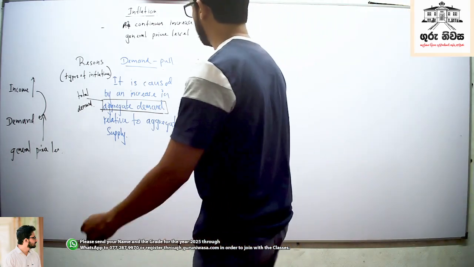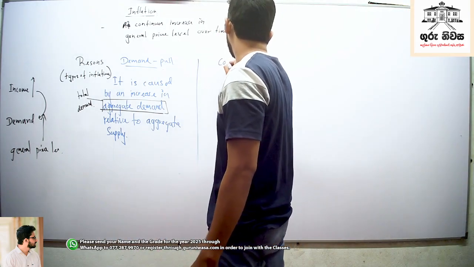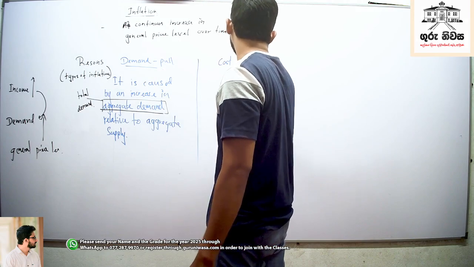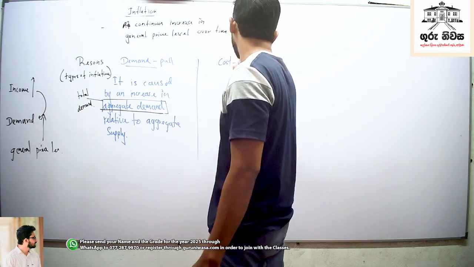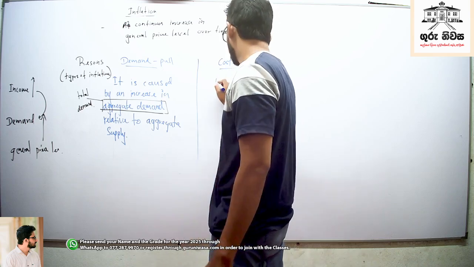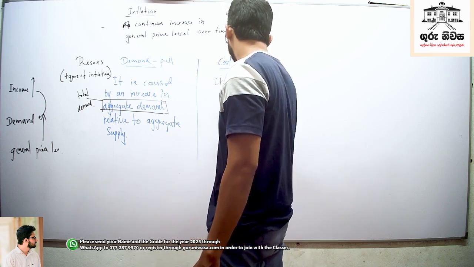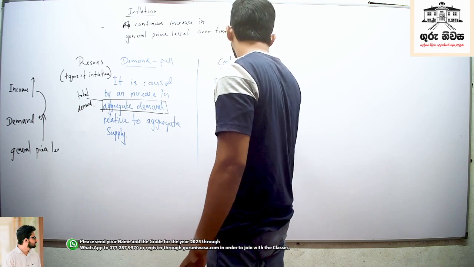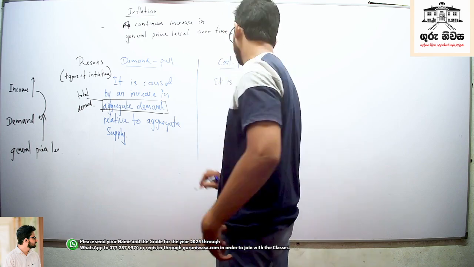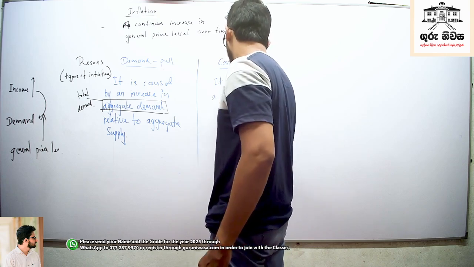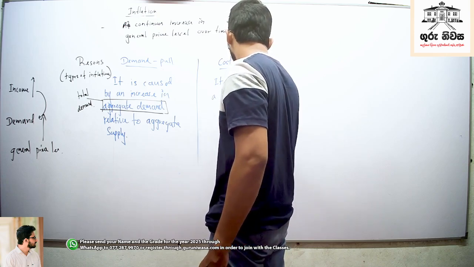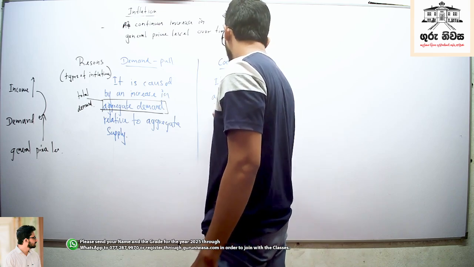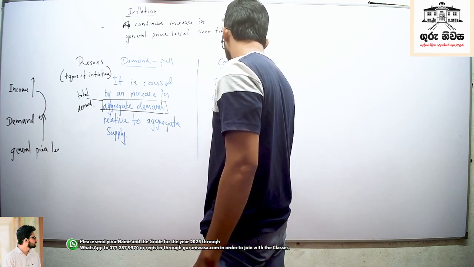Uta, what is inflation's second reason? Cost push. Cost push inflation. How to define cost push? It is caused by a rise in cost of production.